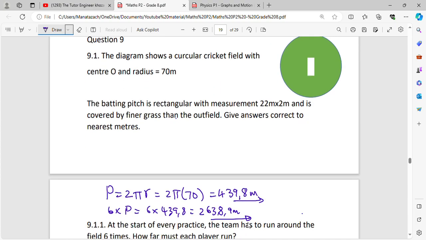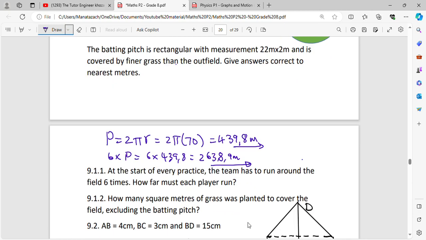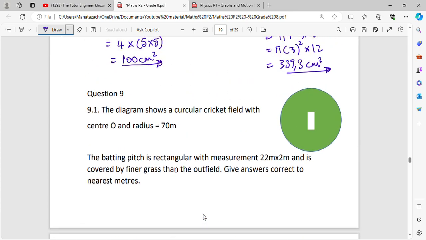Okay, so let's go to the second question. How many square meters of grass was planted over the field, excluding the batting pitch? So we'll calculate the area of the greener part of this figure.